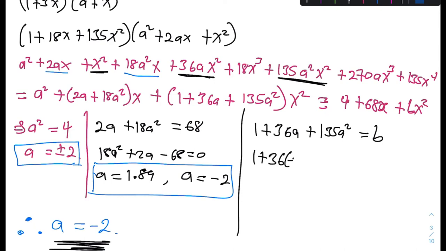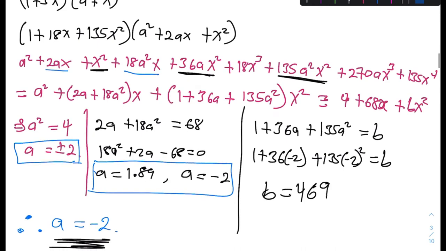You have 36 into bracket -2, you have 135 into bracket -2 squared. Everything should give us b. And then you just grab your calculator. So you have 1 plus 36 into -2 plus 135 into (-2)², and that is giving us b value of 1469. And then we are done.